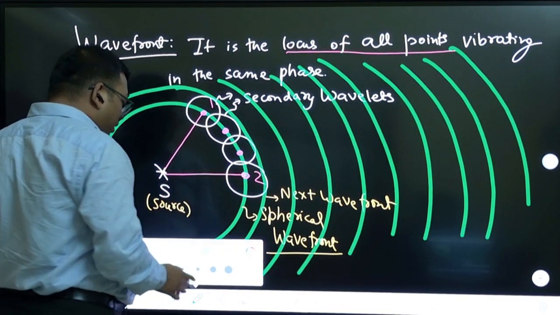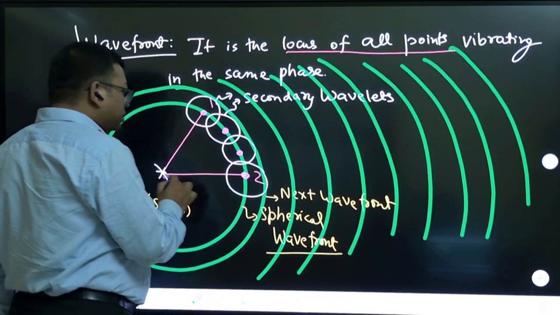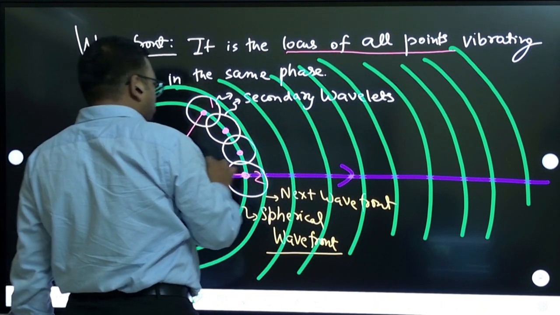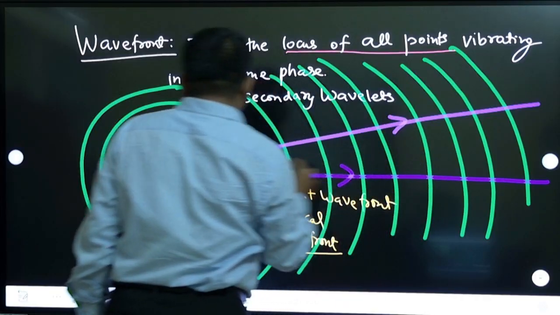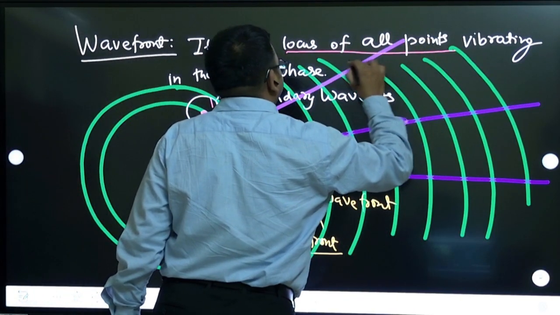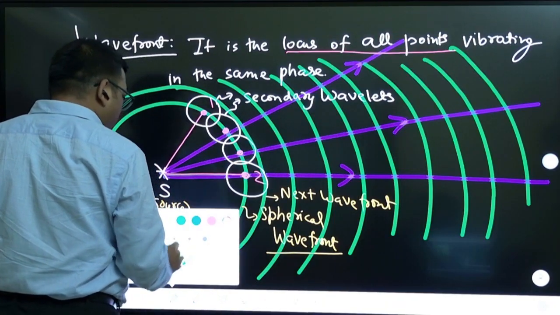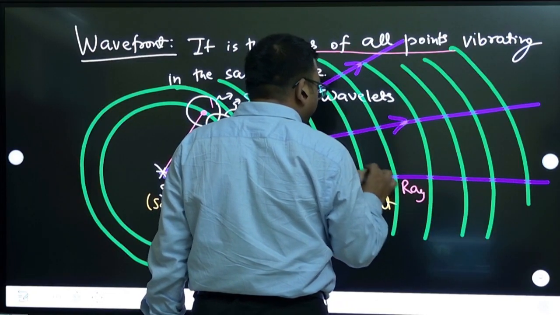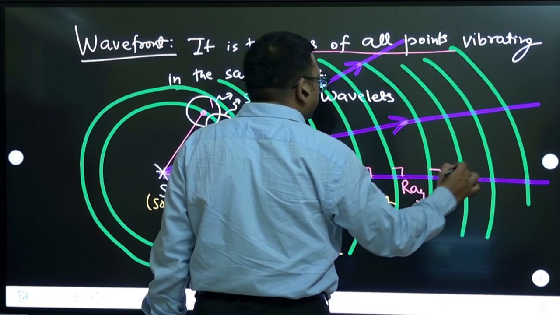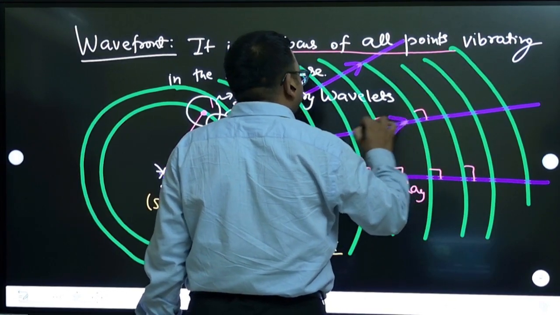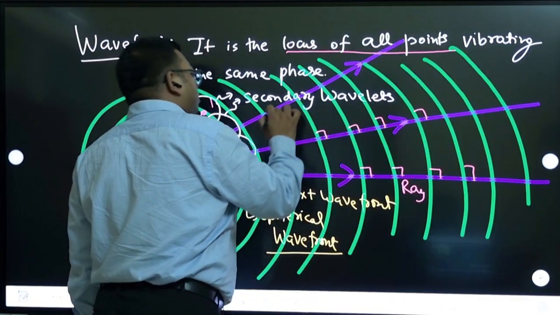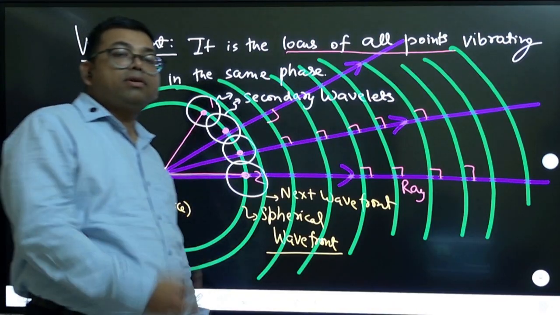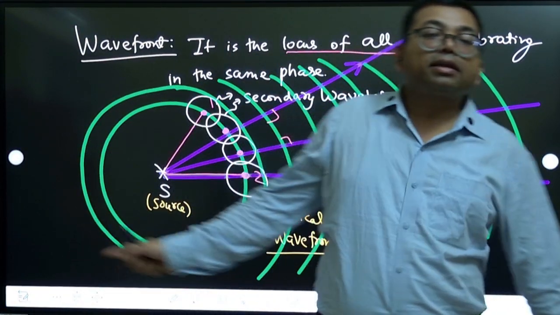So what about the rays? Rays will be traveling in this way, in the radial direction. This is nothing but the ray, traveling in this direction. Note that a ray is always perpendicular to the wavefront. Any wavefront you take, the ray is always perpendicular to it. This is how the ray will travel from the source, and we are taking a point source.